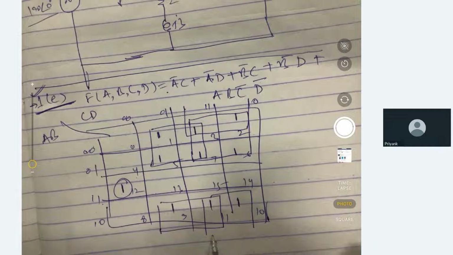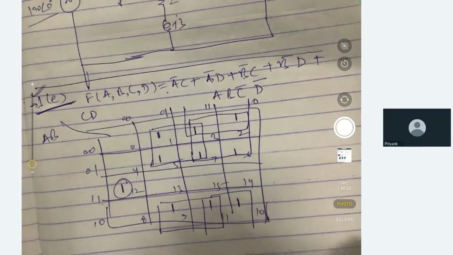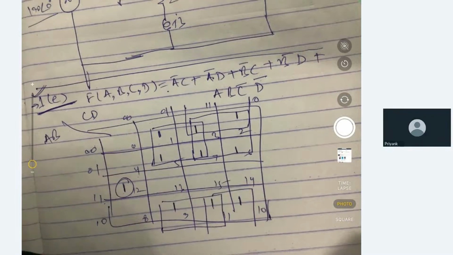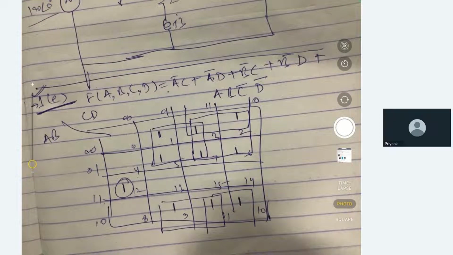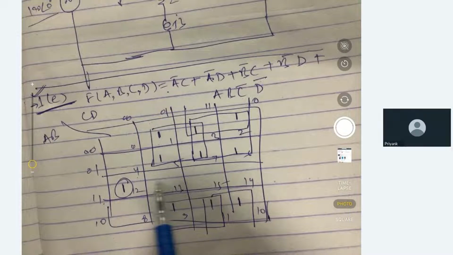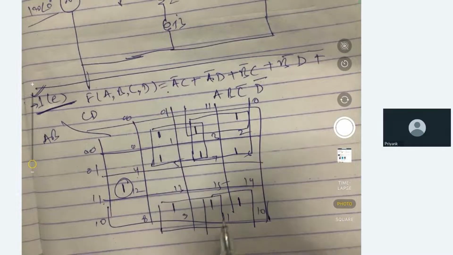I don't think it is going to work. Yeah, I think it is complex. I don't think it is going to get solved now. Actually, I think I made a mistake in the actual exam. I have not drawn the K-map properly.